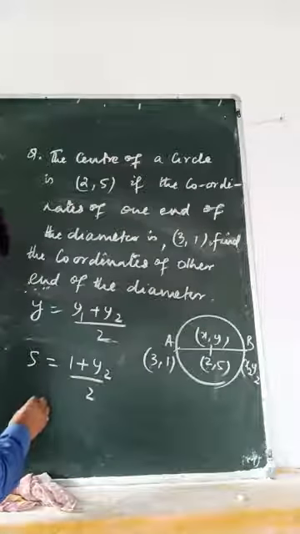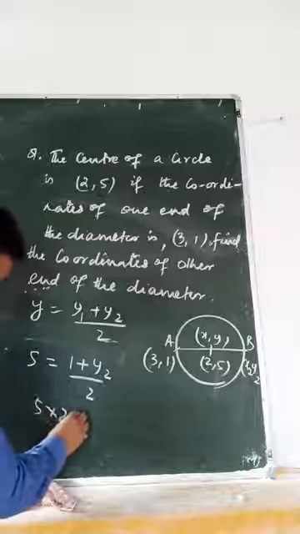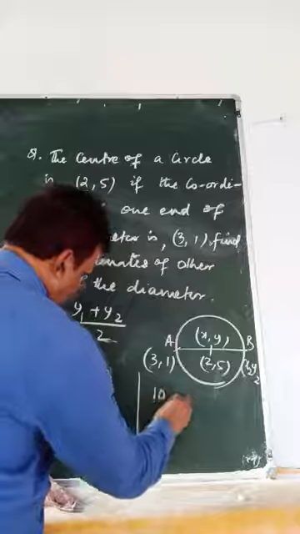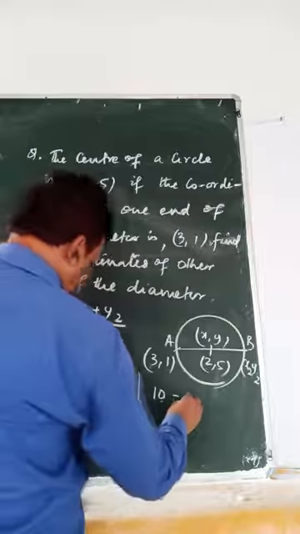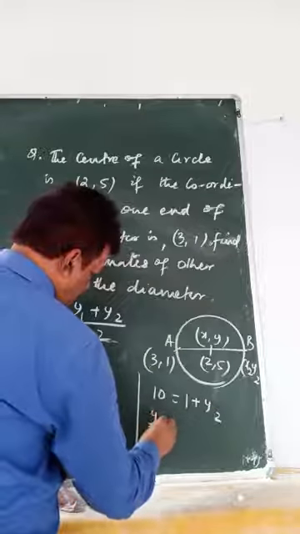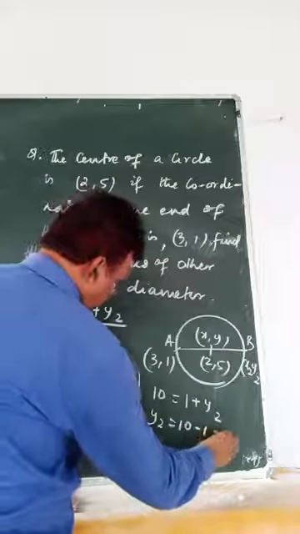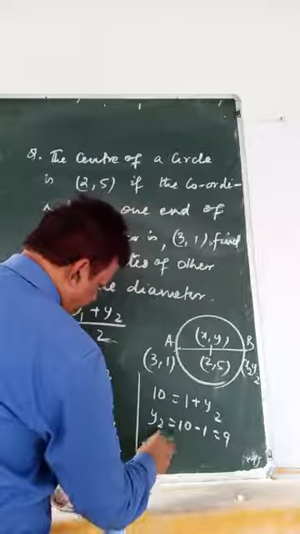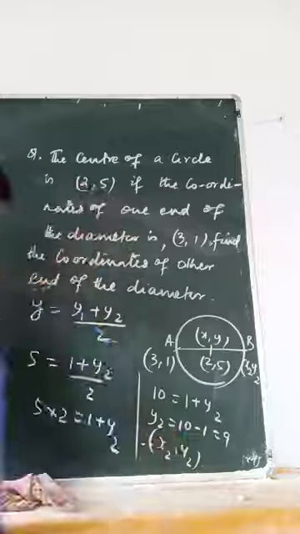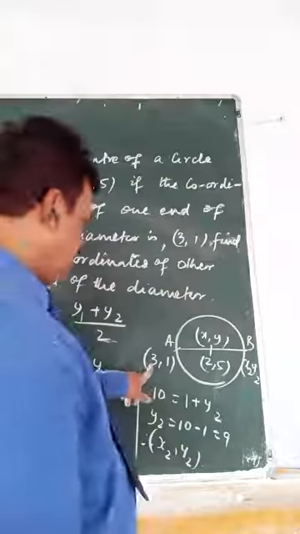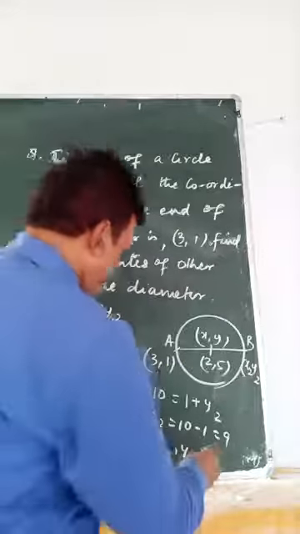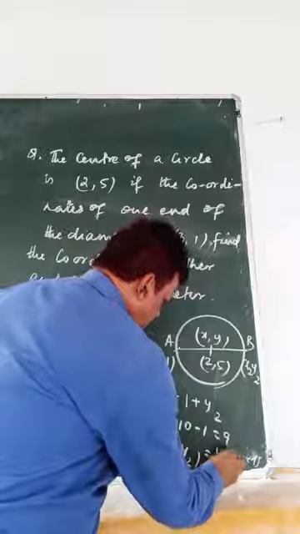Cross multiplication. 5 into 2 equals 1 plus y2. 10 equals 1 plus y2. So y2 equals 10 minus 1, that is 9. Therefore, (x2, y2) is (1, 9).